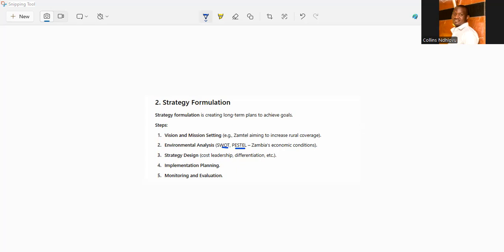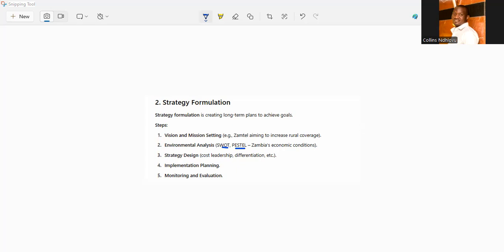And the next step that is involved is implementation planning. After you've designed a strategy, you need to come up with detailed planning. This will involve breaking down the strategic goals into SMART objectives, which are specific, measurable, achievable, relevant, and time bound.